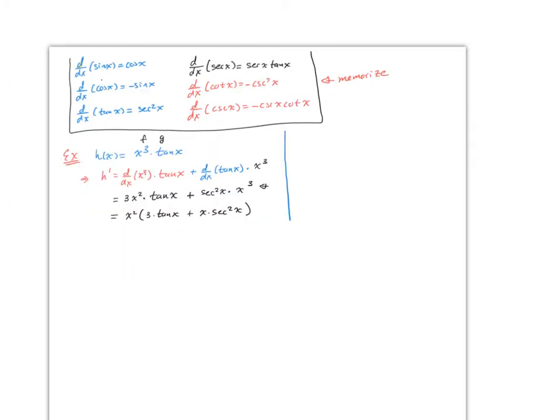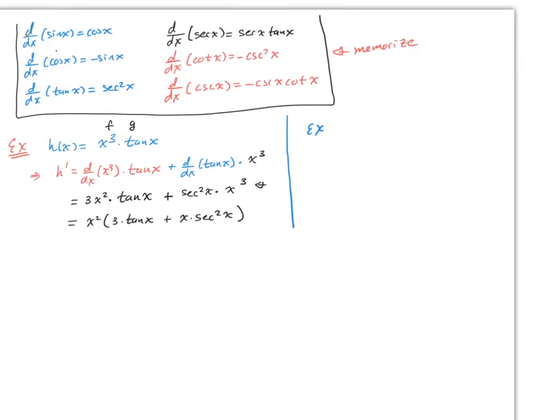All right, let's try a few more. Let's try this example now. Let's say that h of x is equal to the square root of x times secant x. Okay, so now this one is f, this one is g. So then h prime will be the derivative of the first one times the second one plus the derivative of the second one times the first one.